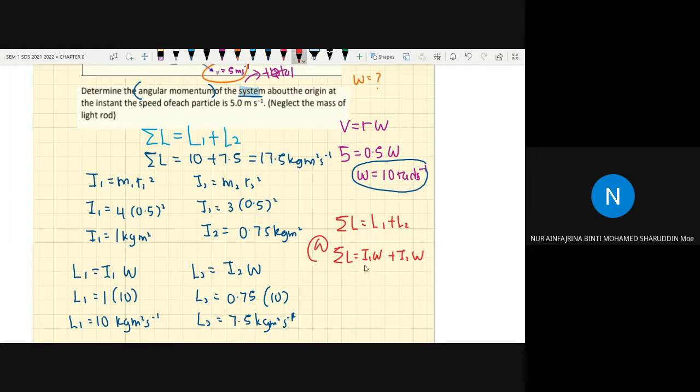Korang tahu kalau nak cari moment of inertia, formula dia adalah M1 R1 squared omega tambah dengan M2 R2 squared omega. Tak ada masalah kalau awak nak masukkan terus dalam formula macam ni. Macam Miss tunjuk satu-satu. It's up to you, no problem.